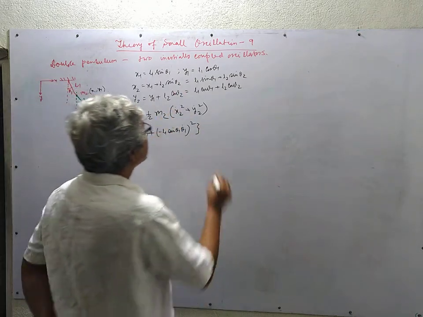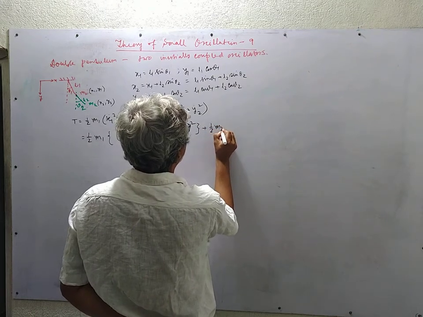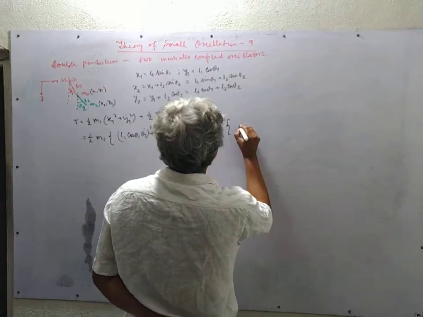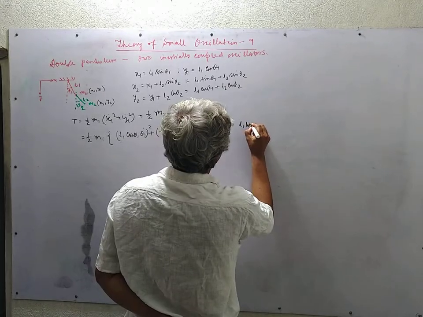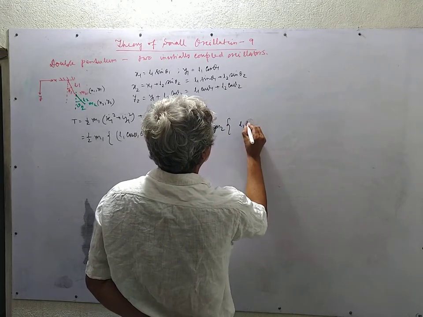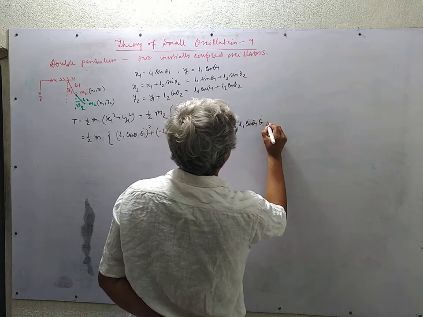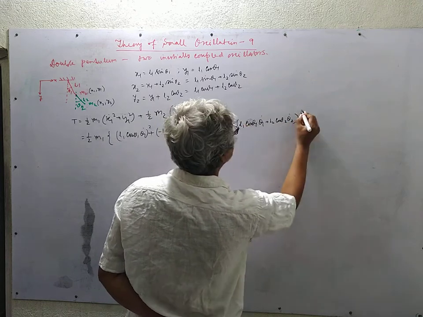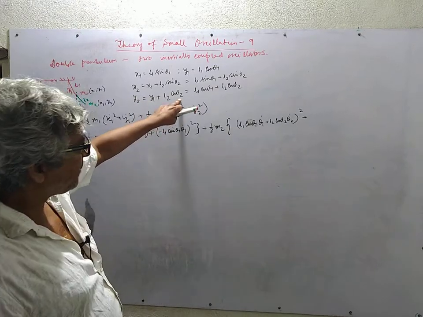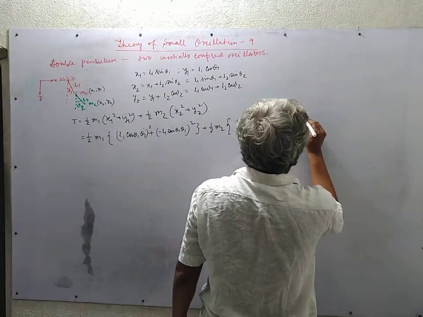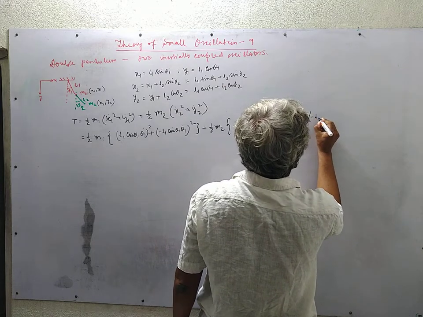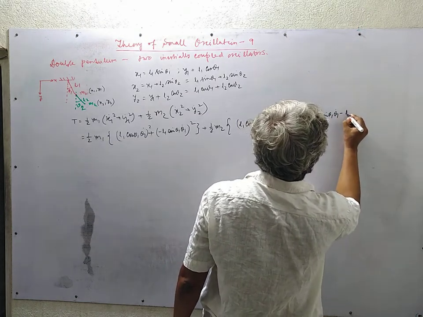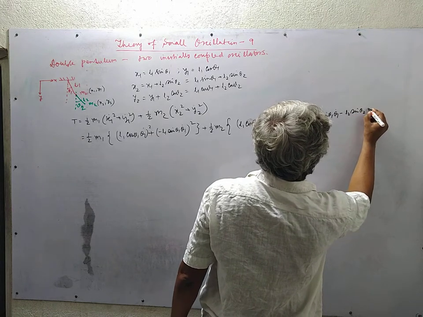And for the second part, half m2, if we differentiate x2, it is L1 cos θ1 θ1 dot plus L2 cos θ2 θ2 dot, this whole square, and for the y2 part there will be negative signs, so minus L1 sin θ1 θ1 dot minus L2 sin θ2 θ2 dot, squared.